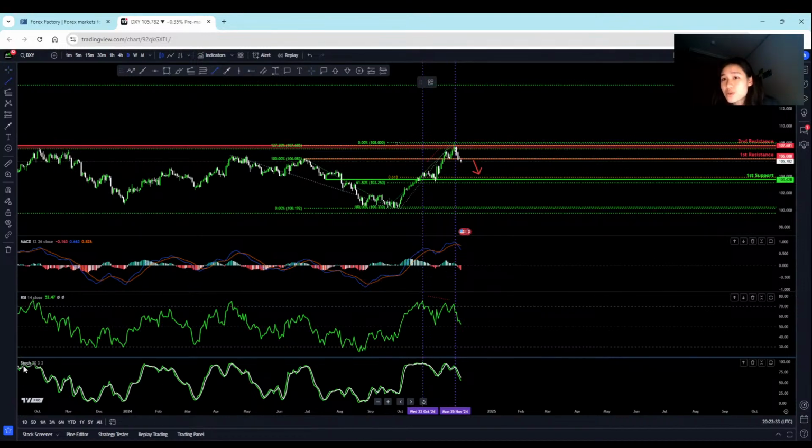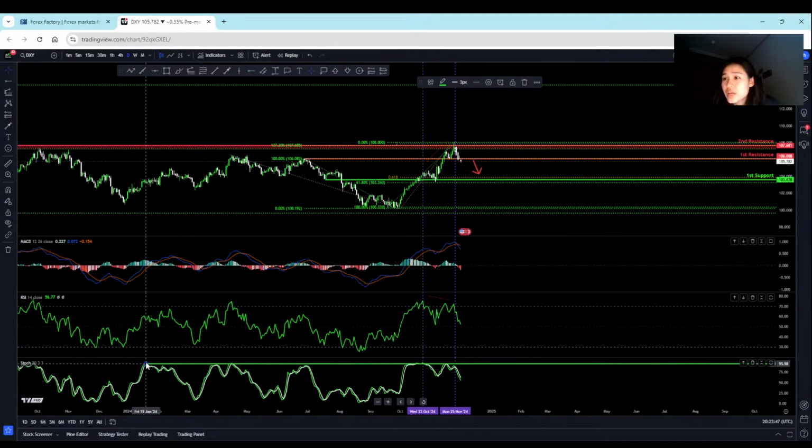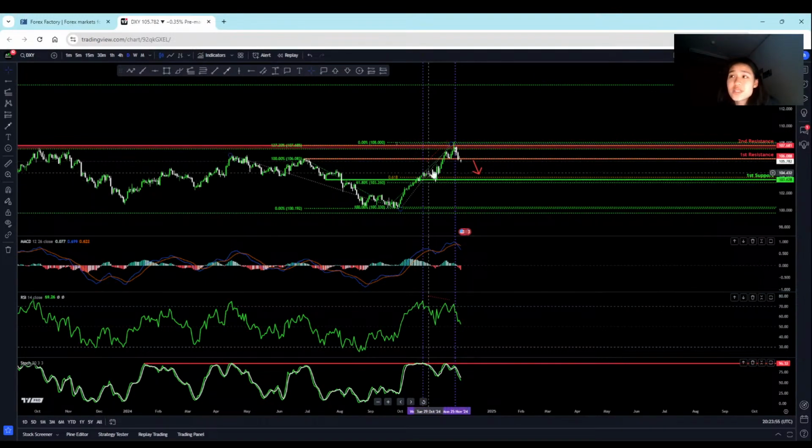But on our stochastic, let's see if it shows us that same signal. Okay, on stochastic instead, it's giving us a hidden resistance level, which is also a bearish signal as well. Because prices have made a higher high, whereas on our stochastic, prices are just reacting off of this resistance area.